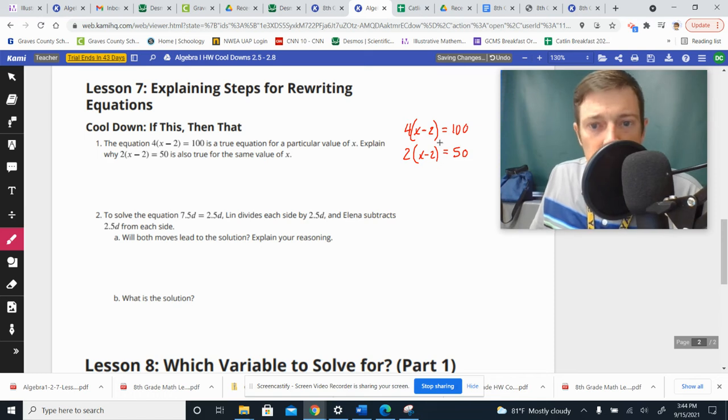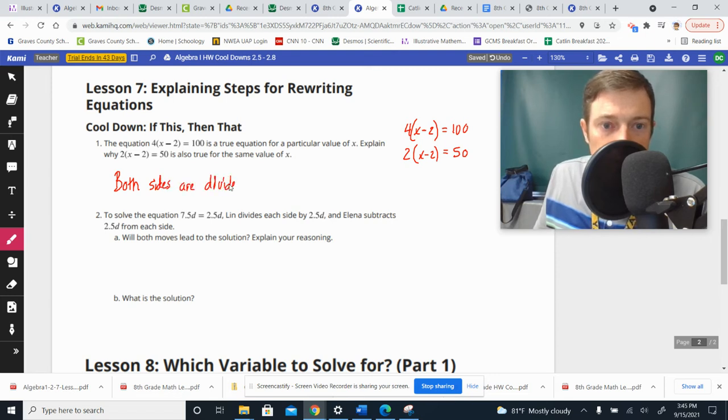So the reason why these are true, without getting into both of them having a solution of 27, is you could say something along the lines of, I am just taking both sides and dividing them by 2. Okay, both sides are divided by 2. That would be enough of an explanation to prove that they are the same as each other.